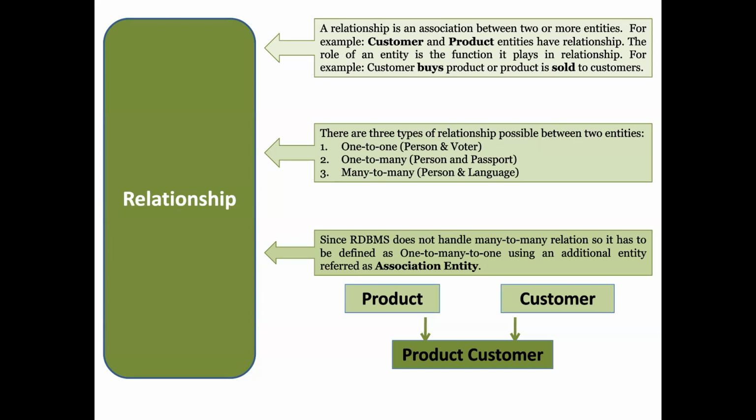It is one voter only. The company says, in my case, it cannot be two votes. It is always one. So an employee himself is a voter also. So should I keep employee as a separate table and voter as a separate table? Or should I keep the voter attributes within the employee table? Or should I keep the employee attributes within the voter table?